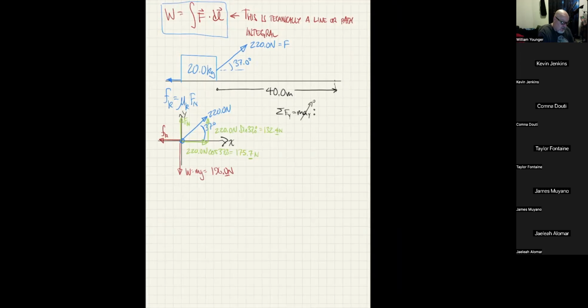Okay. So the summation of forces in the y direction gives me F normal minus 196.0 newtons plus 132.4 newtons is equal to 0. So now I figure out that the normal force is in fact 196 minus 132.4.